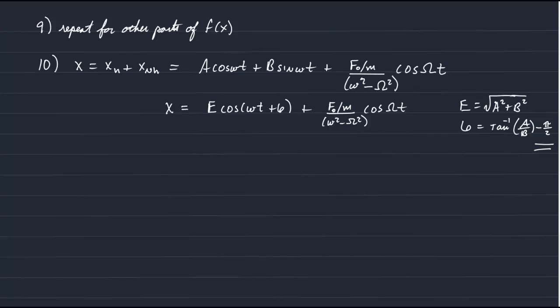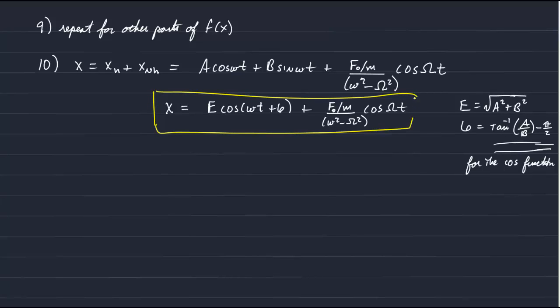We derived this solution using a sine function, and so with the cosine function, we just have a slight adjustment to our definition of phi. So that's our general solution. So that was the derivation of our general solution.